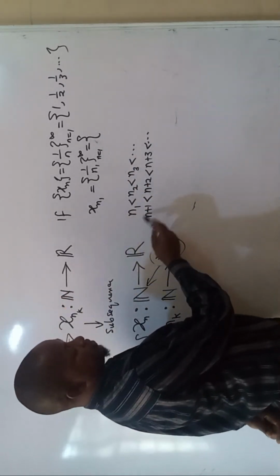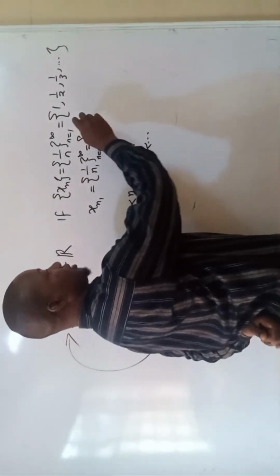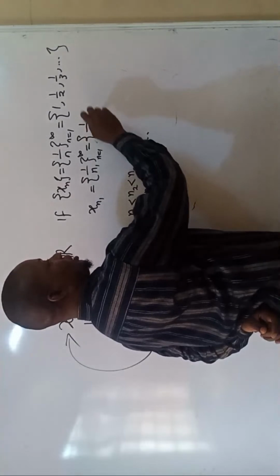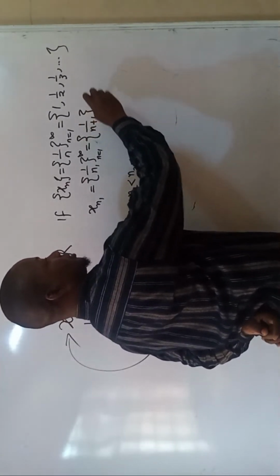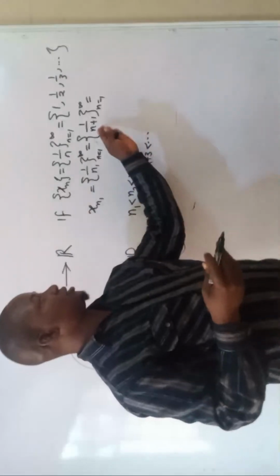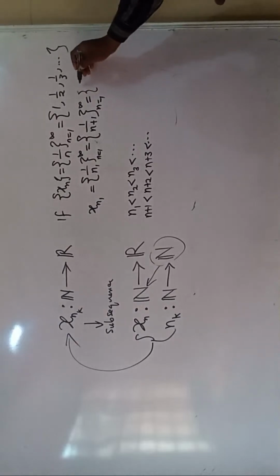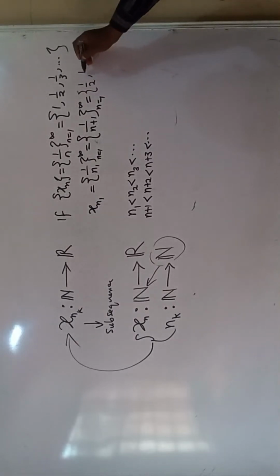That is, whenever we see n_1, we replace it with n plus 1. So listing some of the elements of this sequence, we have 1 over 2, 1 over 3, 1 over 4, and so on.